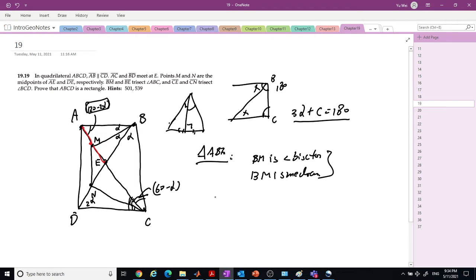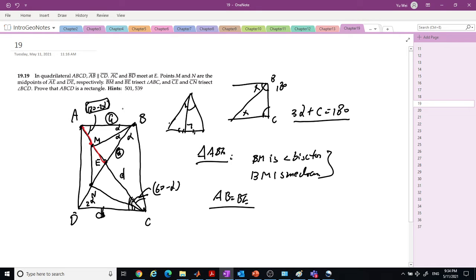So we know that AB equals BE. Let's say AB equals a and BE equals a. Same thing, you can see CD equals CE.